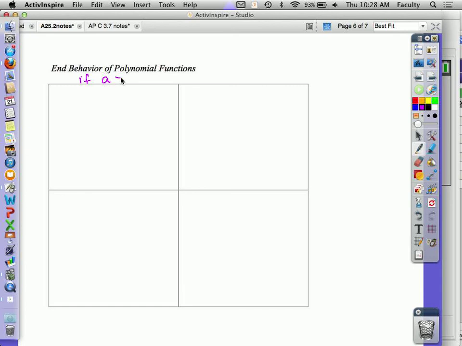If a is positive and you have f of x equals ax to some odd power, in general, the end behavior, now we might get some wiggles in the middle eventually. We're going to see those in a little bit. But in general, this is what it looks like.